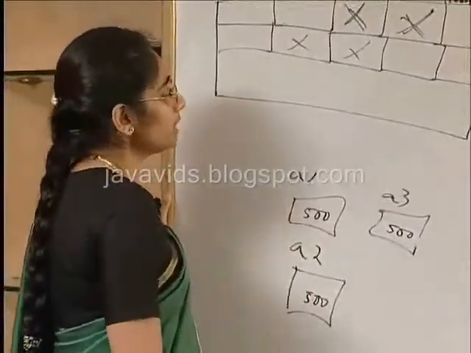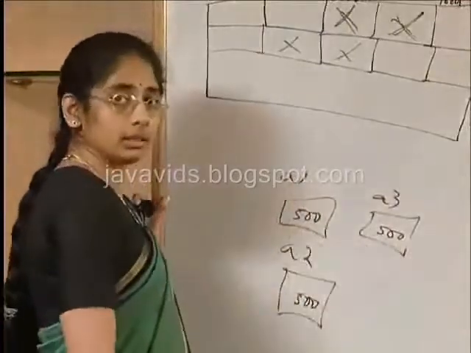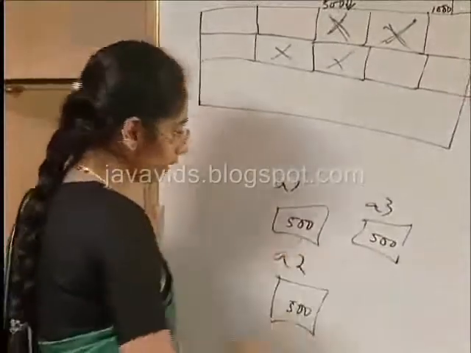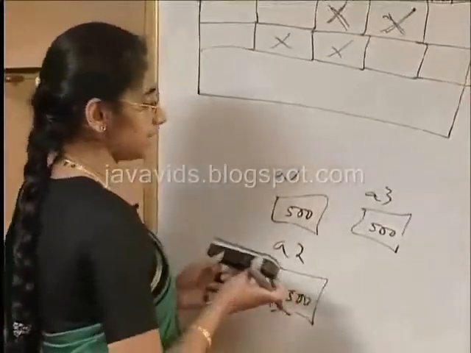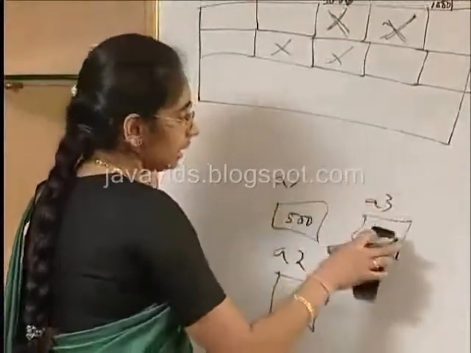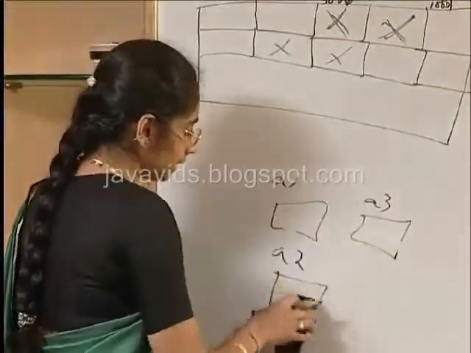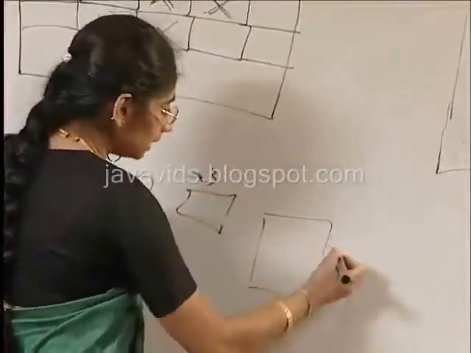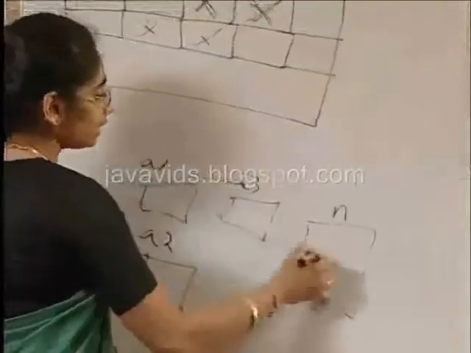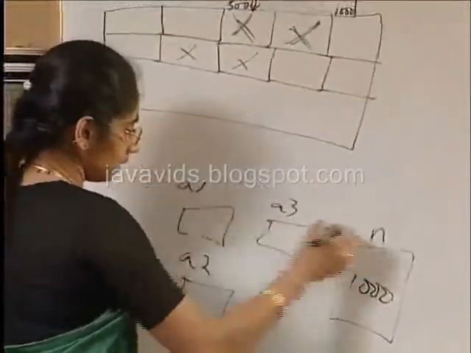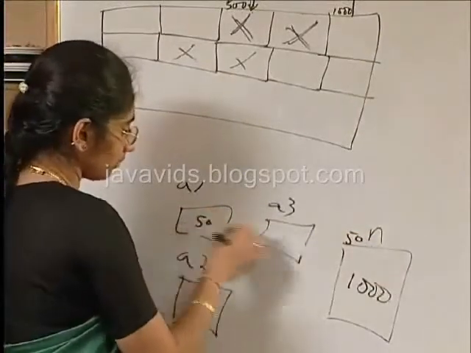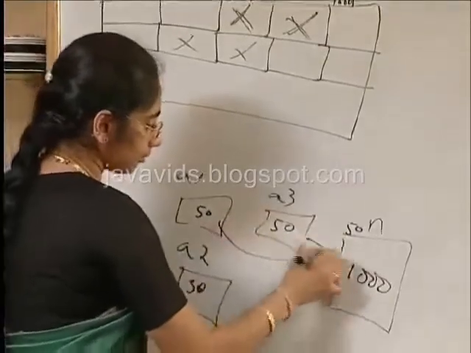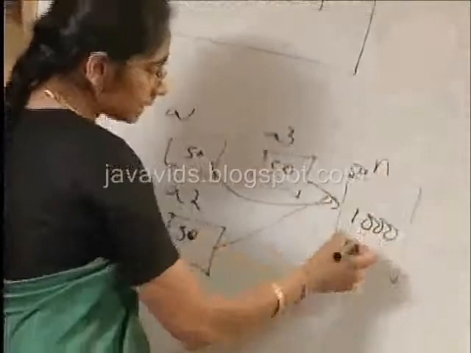Either this method can be used, or the JVM could be implemented such that all the object variables are actually referring to one indirection, let's call it n, and this n is the one that refers to 1000. So let's say this n is at memory space 50, so all these three variables are referring to 50, and this n is referring to 1000.